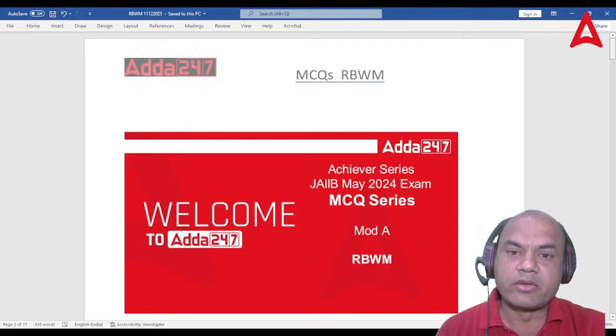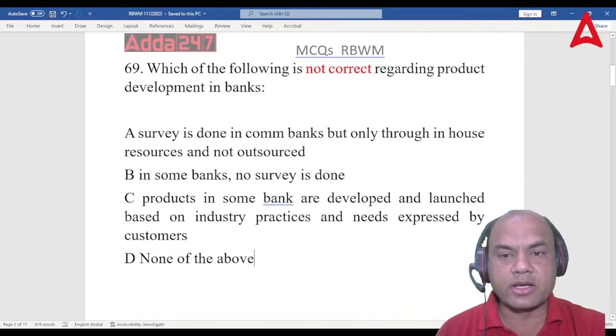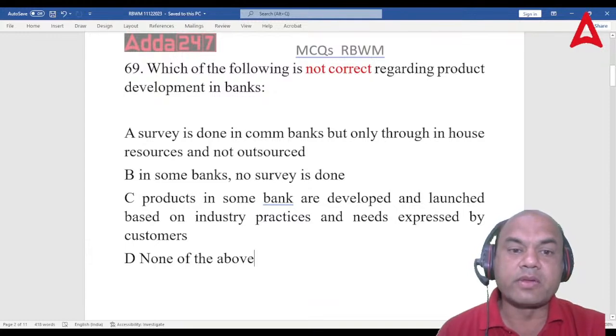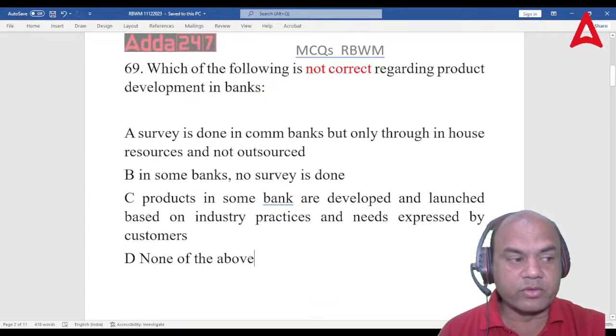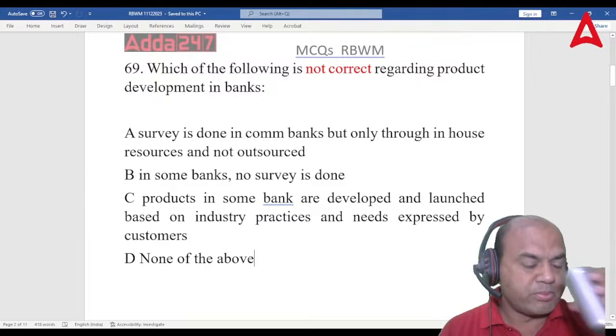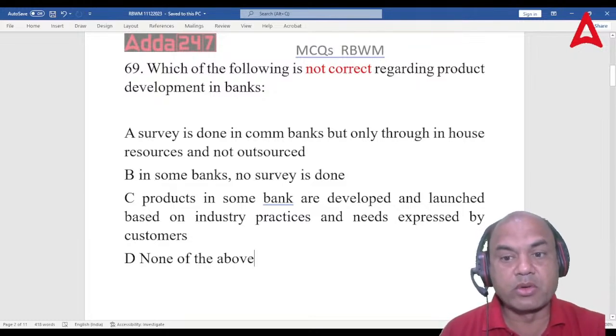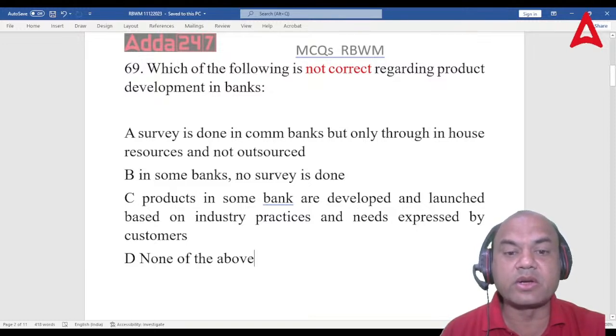First one. Which of the following is not correct regarding product development in banks? We want what is not correct regarding product development. A: Survey is done in commercial banks, but only through in-house resources and not outsourced.